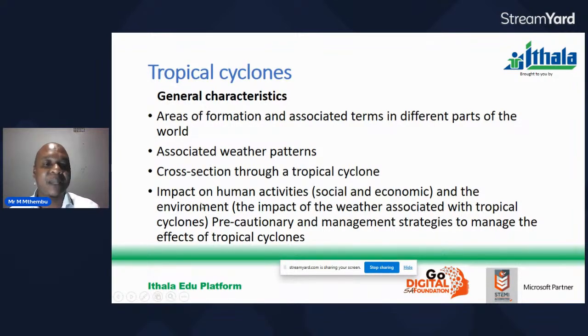We'll be looking at some impacts on human activities, which includes social as well as economic, as well as some environmental impacts, which are the impacts of weather associated with tropical cyclone. We'll be looking at some precautionary measures, what you need to do when a tropical cyclone is approaching, as well as management strategies to manage the effects of the tropical cyclone.